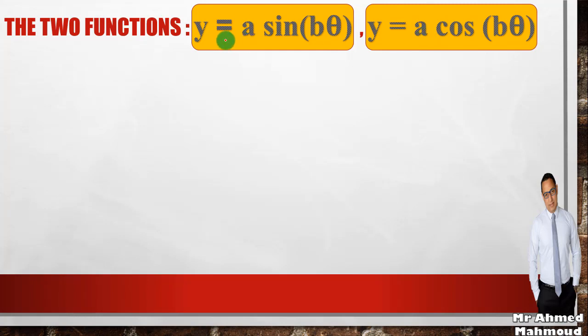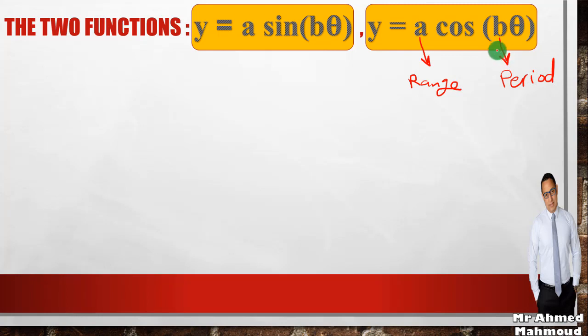Here if we have y equals a sine b theta and y equals a cosine b theta. As I said before, the range depends on this number, and the period depends on this number.